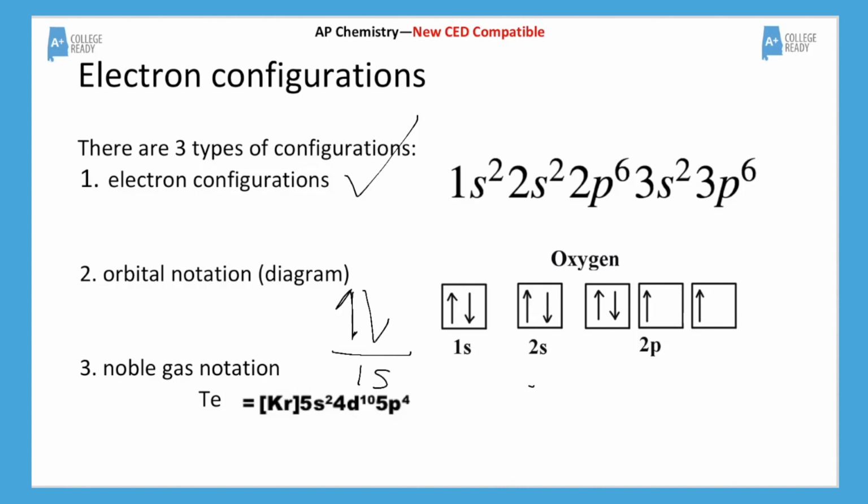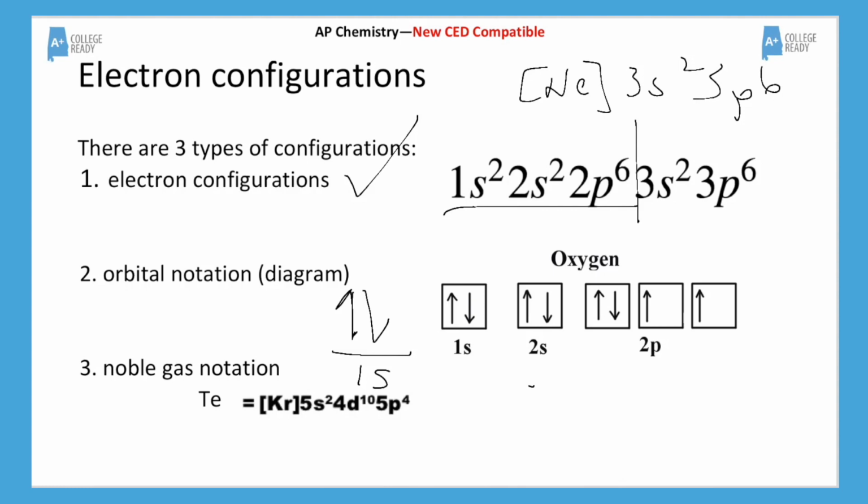And then the last one that is nice to know, and you might be asked to write, is noble gas, which is just the shortened form of electron configuration. When you find an element on the periodic table, look at what noble gas comes before it. Like here, we know that is neon, and so if we shorten this, the electron configuration would be neon, 3s2, 3p6.